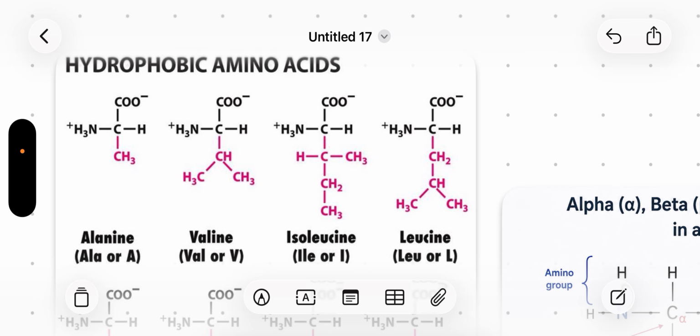The side chains have carbon atoms again, and these carbon atoms are named beta carbon, gamma carbon, with Greek letters. So the carbon atom present in the backbone is named alpha, and the rest of the carbon atoms present in the side chain are named beta, gamma, and so on. These side chains are different in all these amino acids.